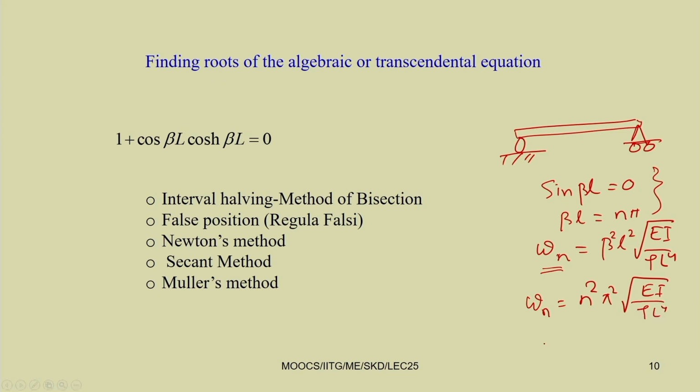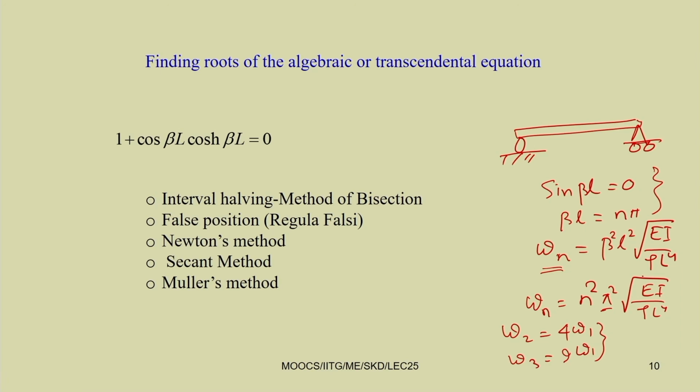For example, first mode it will be pi square, second mode it will be 4 times the first mode. That means omega 2 equal to 4 times omega 1, and omega 3 equal to 3 square, that is 9 times omega 1. For the simply supported case, this characteristic equation is very simple and you can get the solution easily.